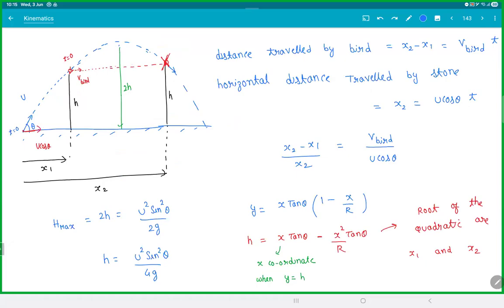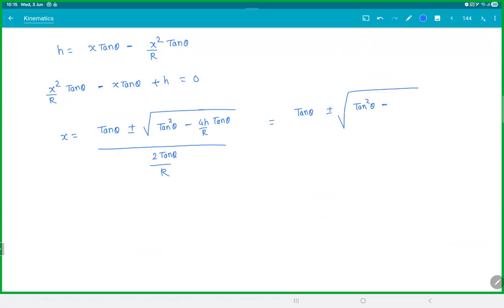What is h? H is u square sine square theta by 4g. What is range? Range is u square sine 2 theta by g. You got a non-trigonometric quadratic. Interesting. Maybe there could be an easier way.